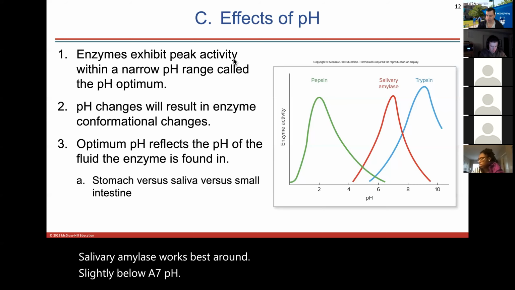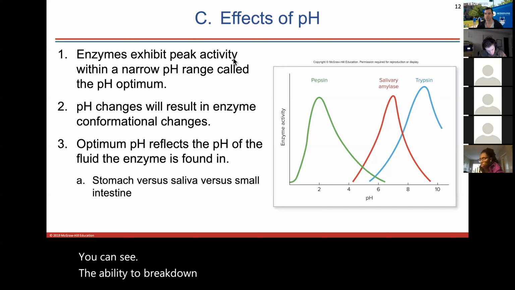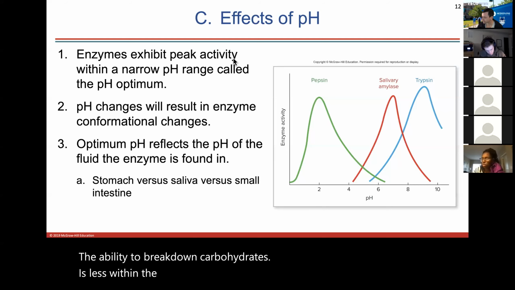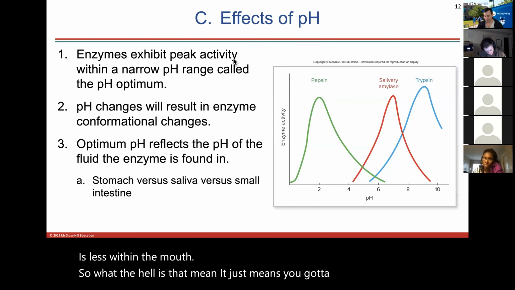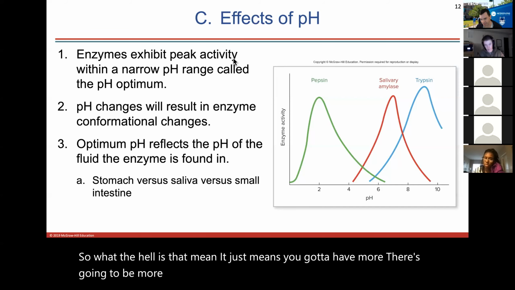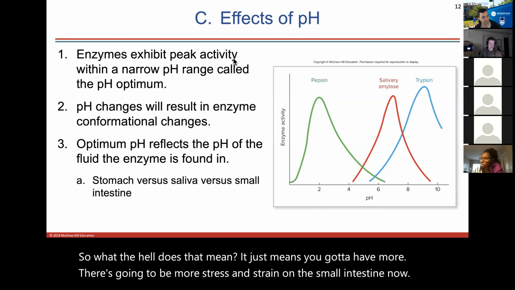Too acidic, too alkaline, you can see the ability to break down carbohydrates is less within the mouth. So what does that mean? It just means there's going to be more stress and strain on the small intestine now. Same thing for pepsin.